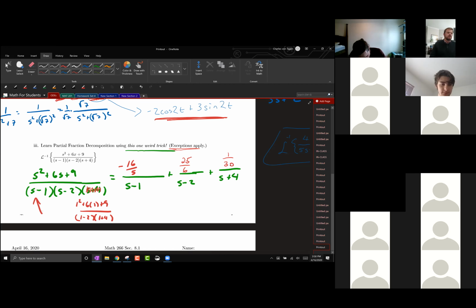It's just a gimmick, but it's really worth it for the work that we're about to do here, to be able to quickly partially decompose. Now, if they're quadratic factors or if they're repeated factors, this won't help you. You're back to the old-fashioned way of coming up with a large system of equations. Hopefully, some of them work out nicely.